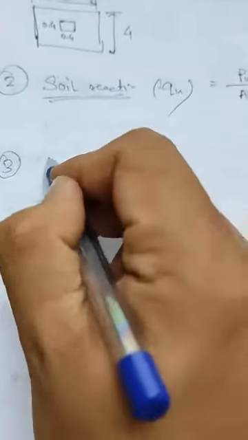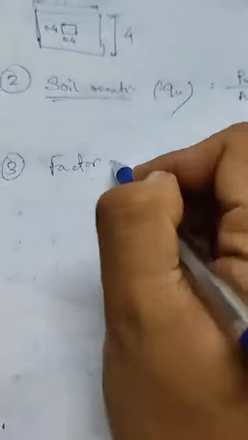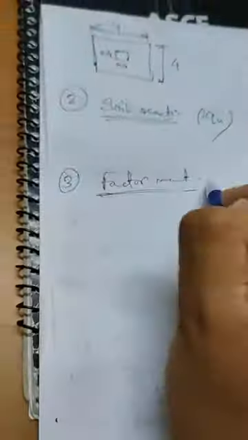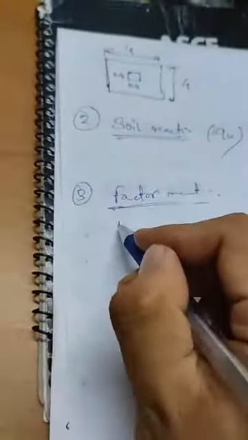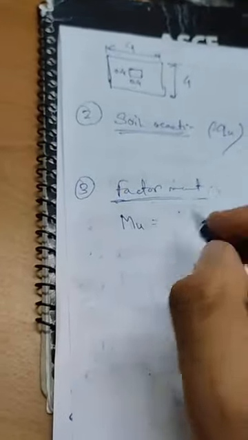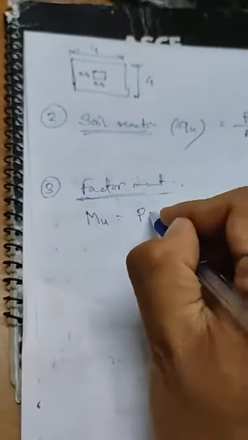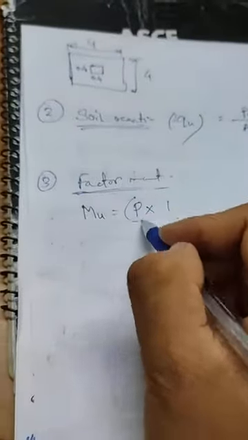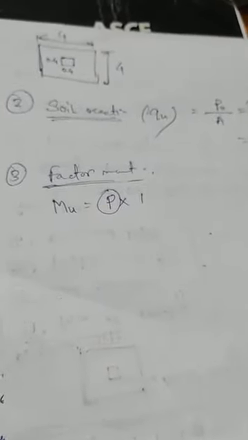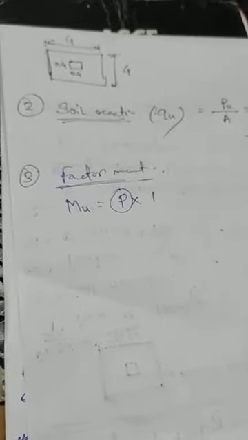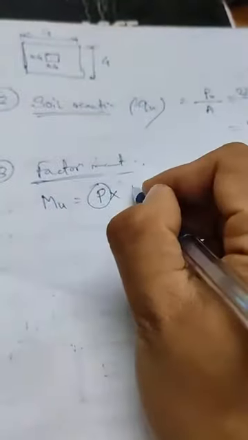Now number 3 part is we have to calculate the factored moment. To calculate the factored moment, this is the formula: Mu is equal to total load P into B into (L minus D by 2) whole square divided by 2. This P is the value of load acting on the column, that means with the addition of the 10% of the load.